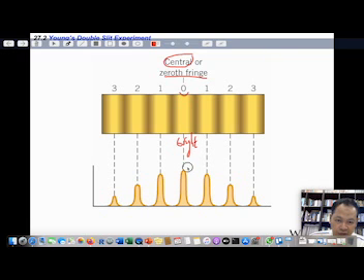And here you can find dark. Why dark? Because here it's destructive, the two waves cancel each other out.